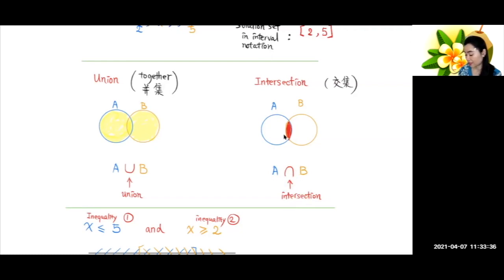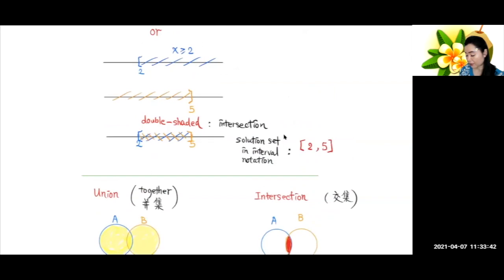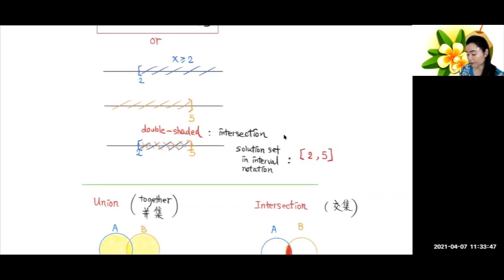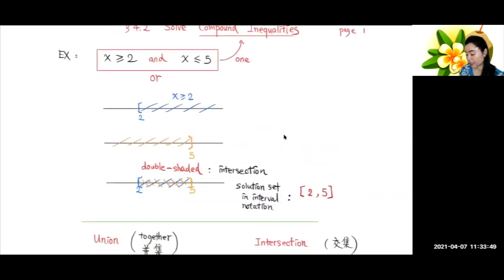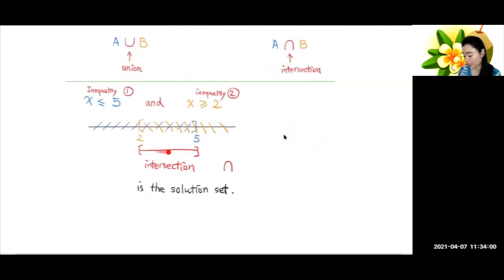It corresponds to this part, the intersection of the blue one and the orange one. That's the solution set for this compound inequality when the inequalities are joined by "and". So the intersection is the solution set when two inequalities are joined by "and".